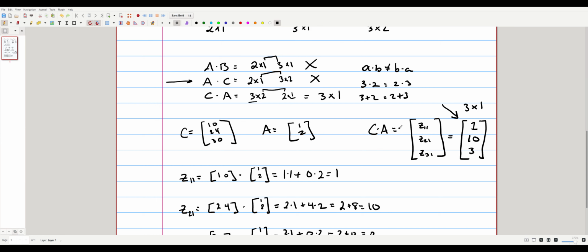But with matrices, under multiplication, the commutative property doesn't hold. And we can see it right here because we took A times C and we couldn't even get a value, but when we did C times A, we got this 3 by 1 matrix. Okay, so that's just something to be aware of.